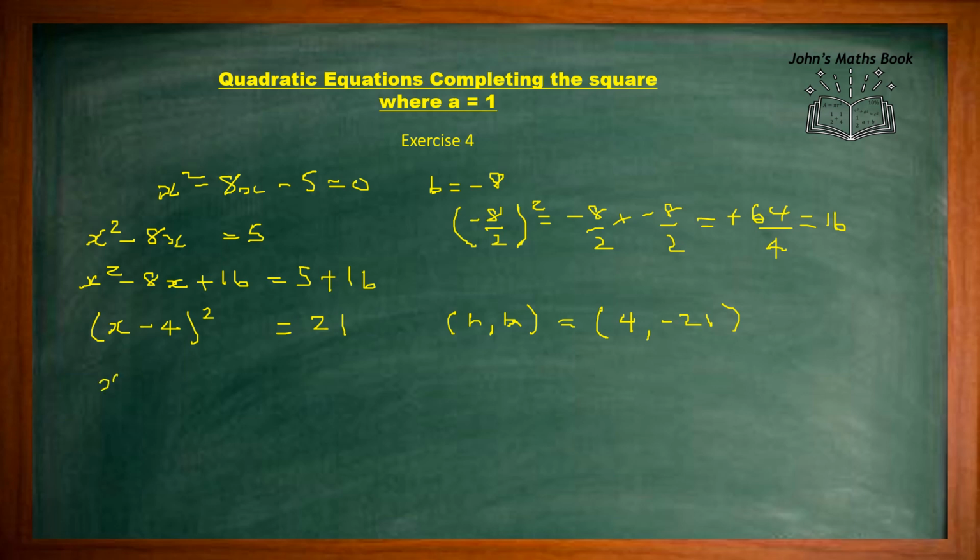So it gives us x minus 4 is equal to plus or minus square root of 21. So we solve that, we get two values of x. So x is equal to 4 plus square root of 21, and x is equal to 4 minus the square root of 21.